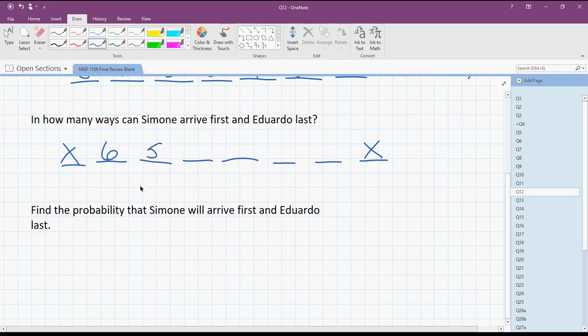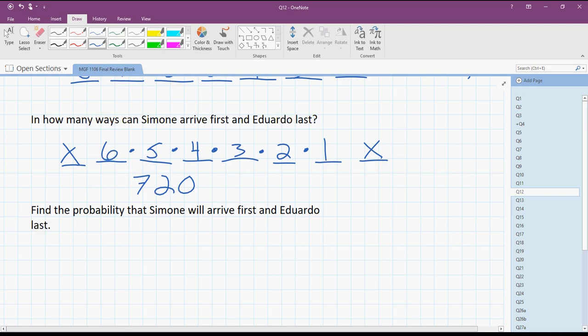There are 5 different ways the third person. 4, 3, 2, 1. This really is your fundamental counting principle. So what's 6 times 5 times 4 times 3 times 2 times 1? 720? Okay? So there are 720 different ways that we could have Simone arrive first, Eduardo arrive last.